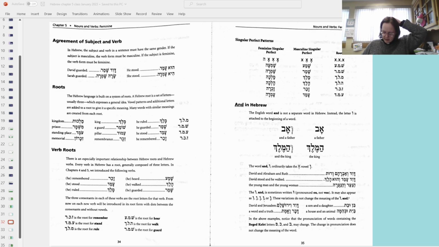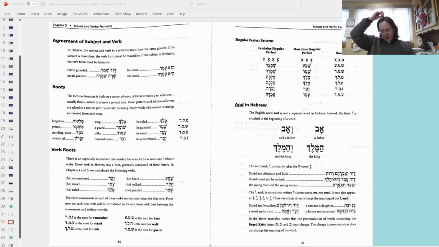And it also may appear as the other vowels as well with those variations. The variations do not change the meaning of the and. So that's something to kind of look at and remember, and mark this page for references to and.